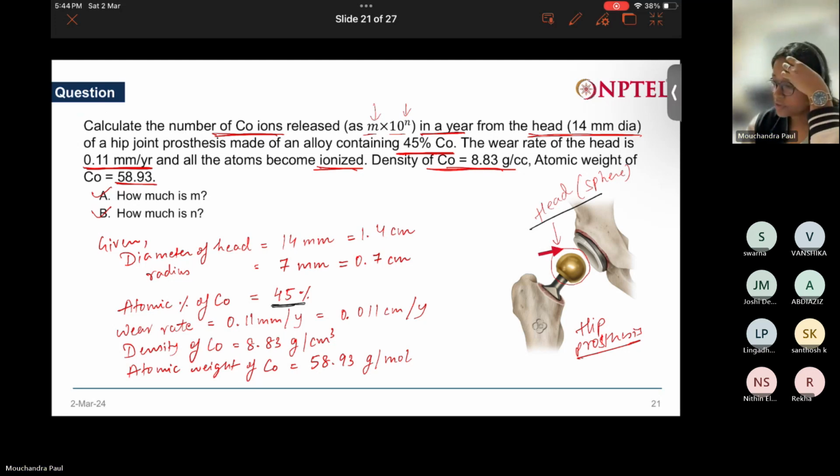The complete head will not undergo wear. Only half of it will be in direct contact with the hip socket into which this spherical head will connect. So the release of cobalt ions will happen from only half of the volume, not the complete volume.